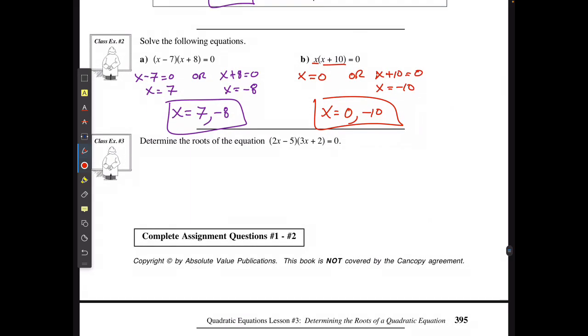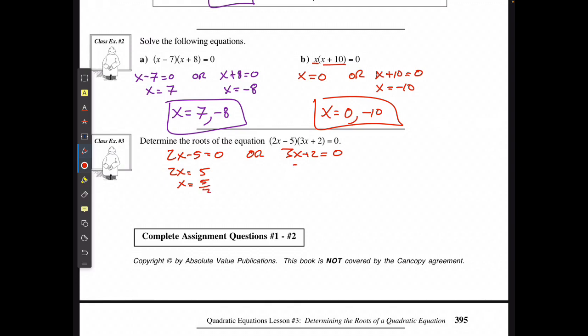If I'm determining the roots of the equation 2x minus 5 times 3x plus 2 is equal to 0, then I'm going to state that 2x minus 5 is equal to 0, or 3x plus 2 is equal to 0. Here, 2x would equal 5, or x would equal 5 over 2.